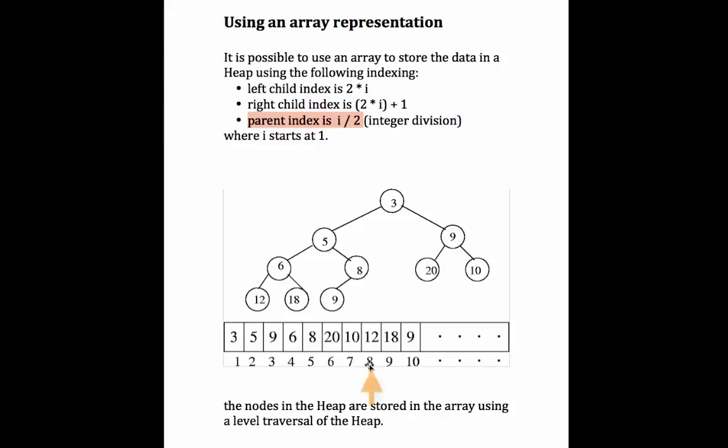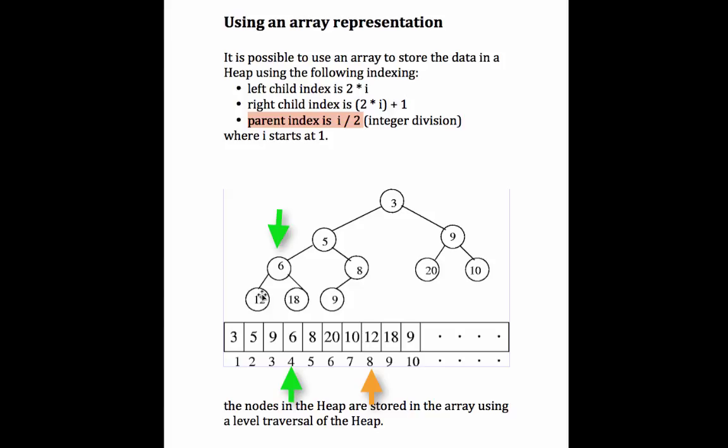In other words, if index 8 has value 12, and I ask where is the parent of 12, I'm going to use index 8 divided by 2, that gives me 4, and the answer is 6. So indeed, 12 is a child of 6, or 6 is the parent of 12.